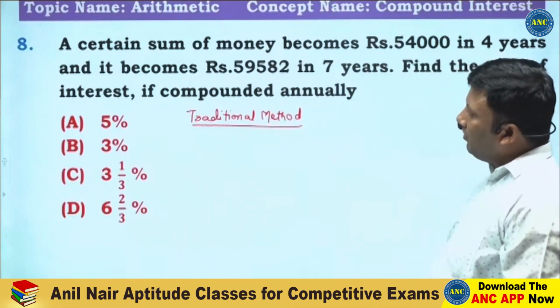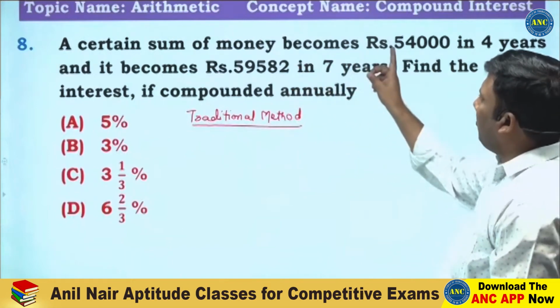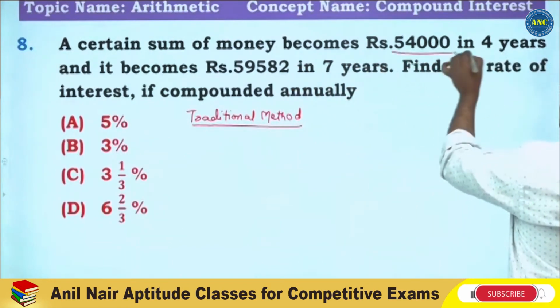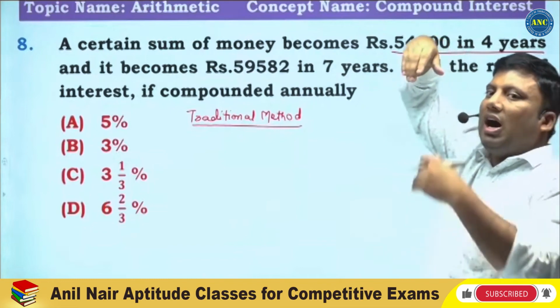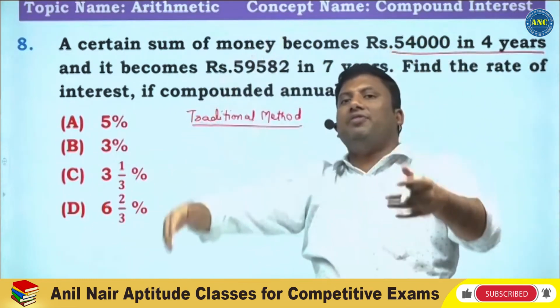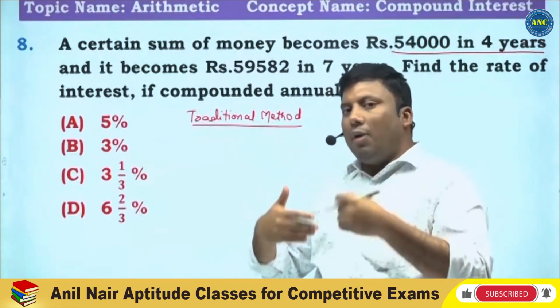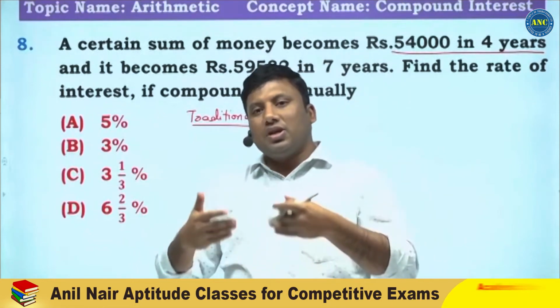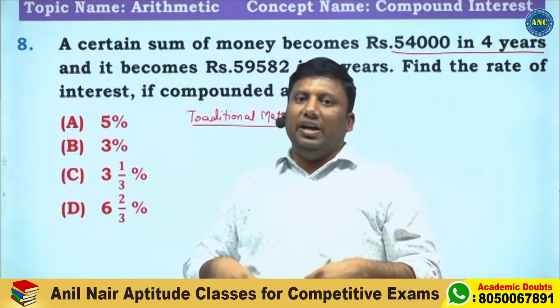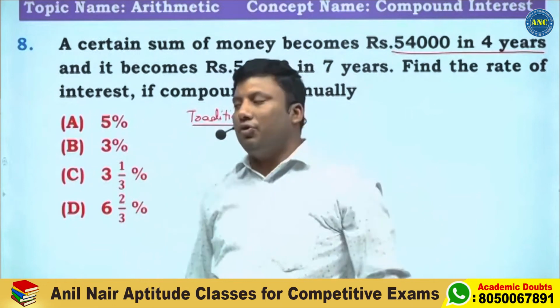First we will see, a certain sum of money is becoming 54,000 after 4 years. In compound interest related problems, the amount at the end of a year becomes the principal for the next year.